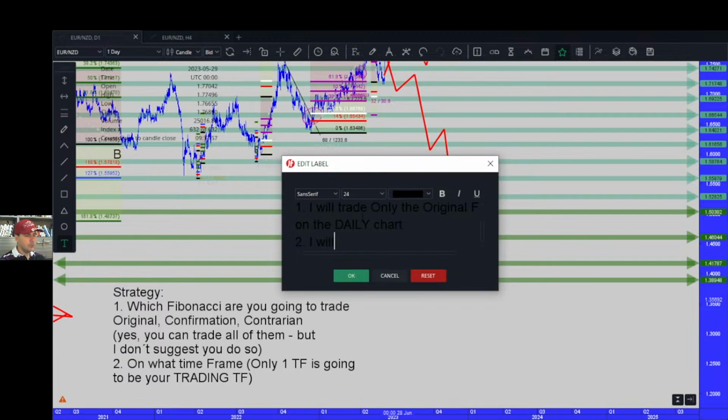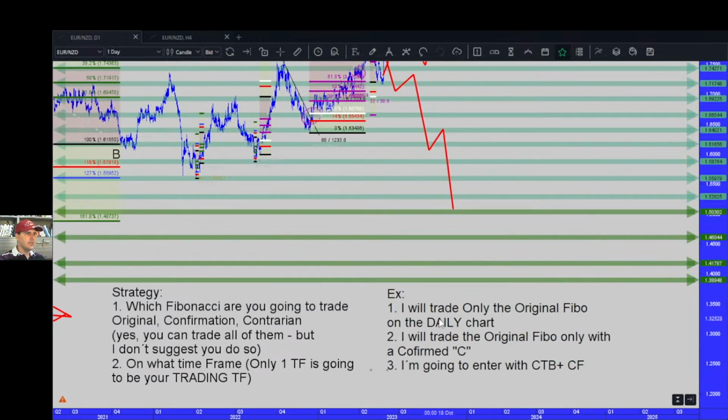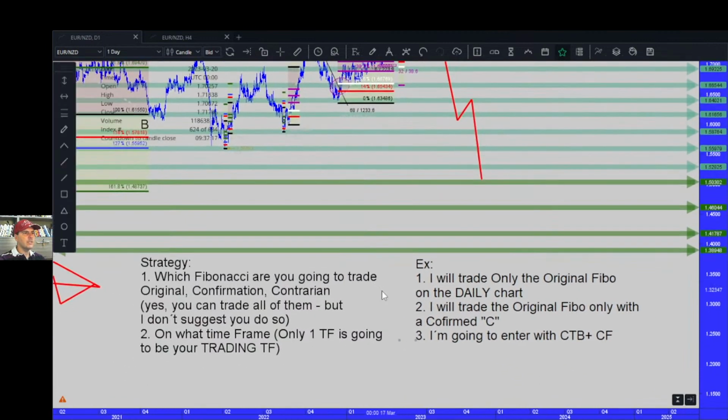Number 2, I will trade the original Fibonacci only with a confirmed C. Number 3, I am going to enter with, everybody, did we learn crowns? Not yet, right? We didn't learn crowns yet, so I'm going to enter with CTB, counter trend line break plus CF candlestick formation. Alright, just an example. There is no right or wrong on the strategy.